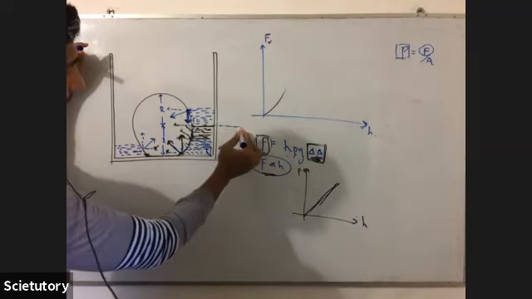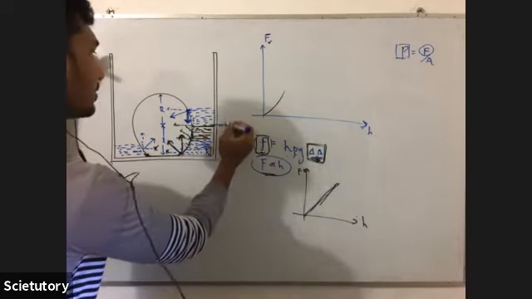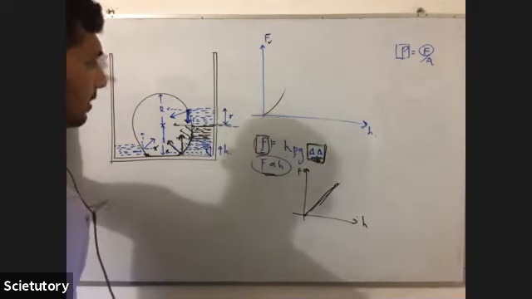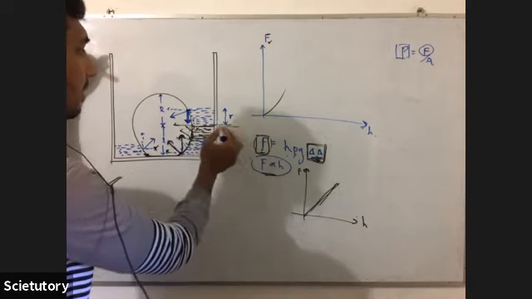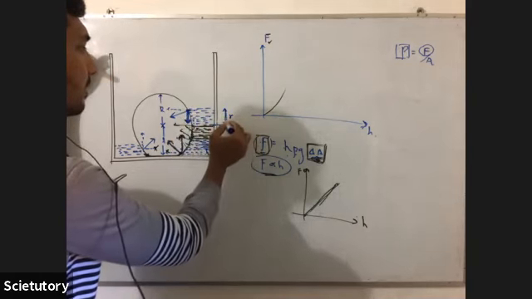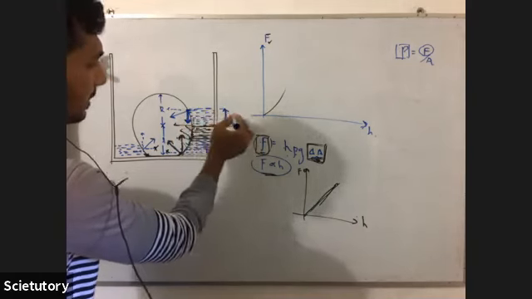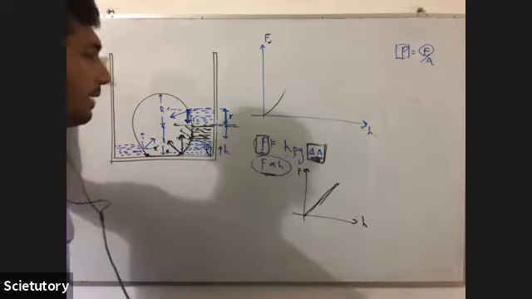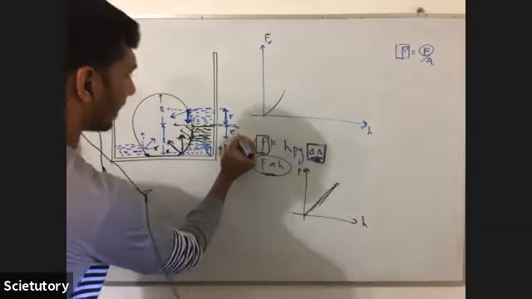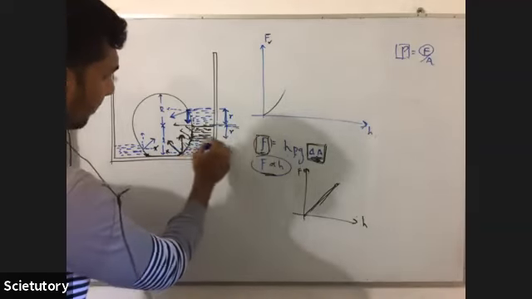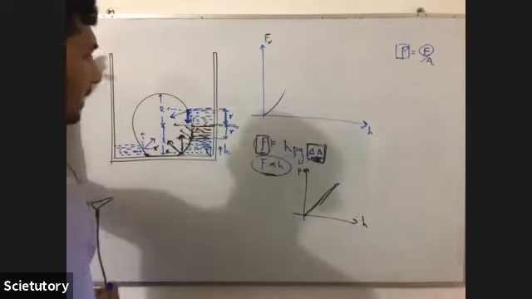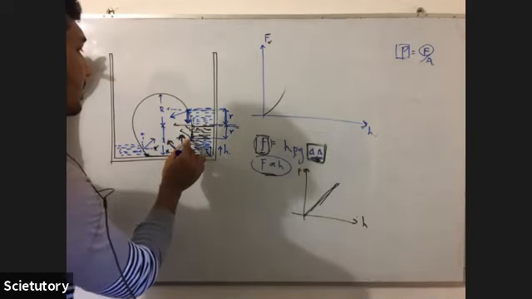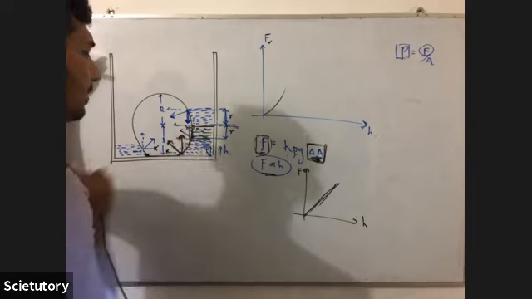Okay, so if we take this level, I'm taking a point which is above this level, and the distance between this point and this point is r, and I'm considering another point which is below this level at a distance of r, and now these two are corresponding surfaces.